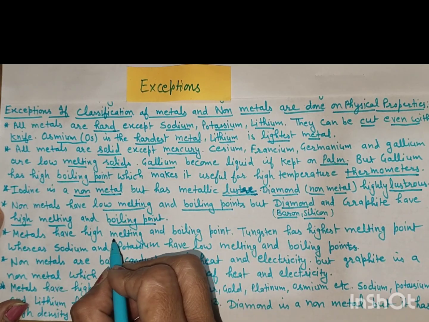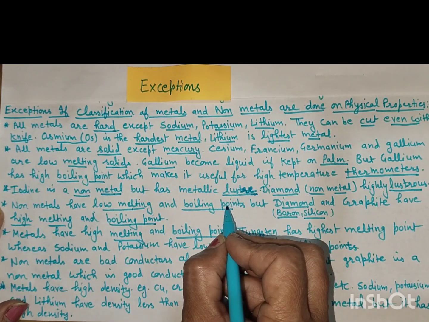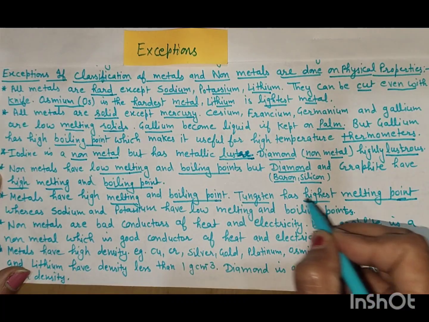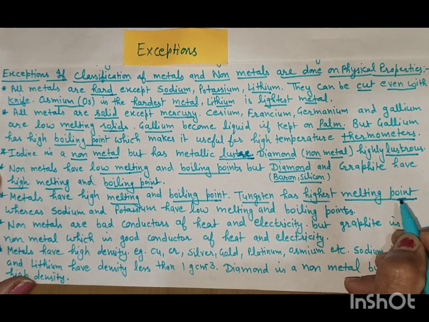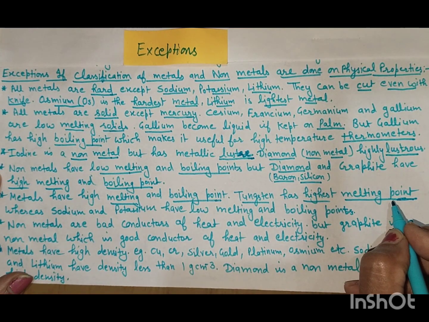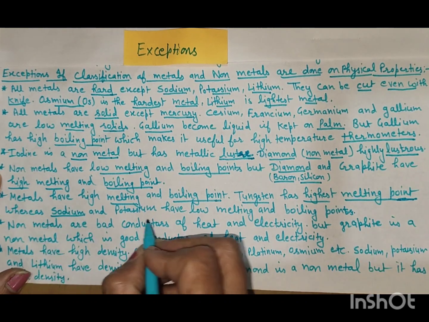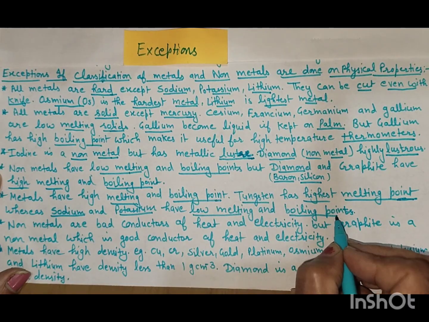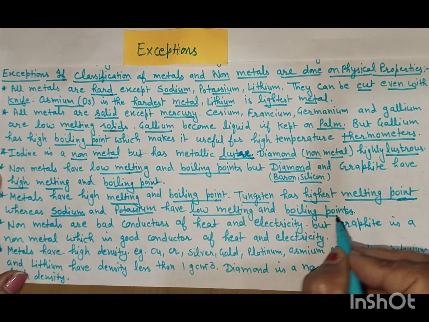Metals have high melting and boiling points. Tungsten has the highest melting point and is used in the bulb; its melting point is 3300 degree Celsius, whereas sodium and potassium have low melting and boiling points.